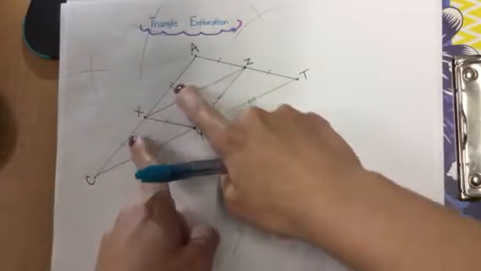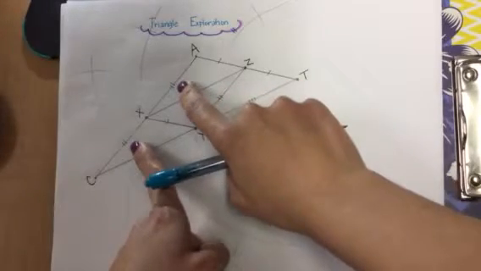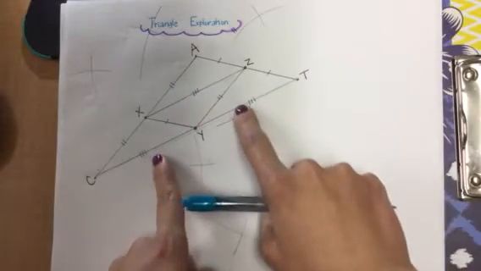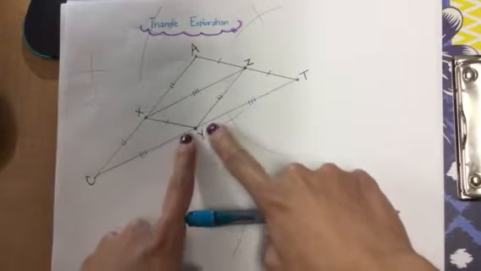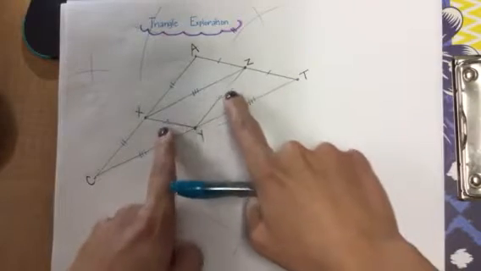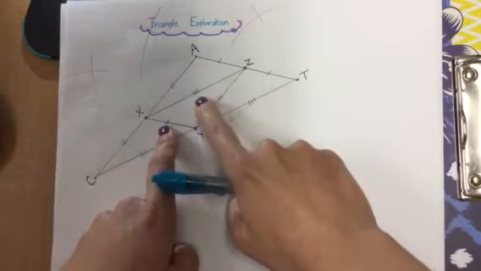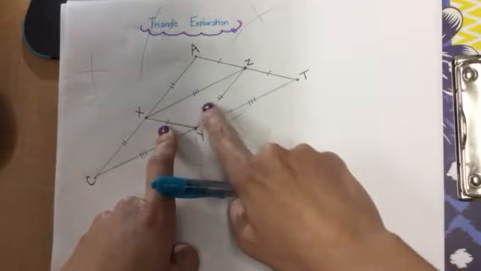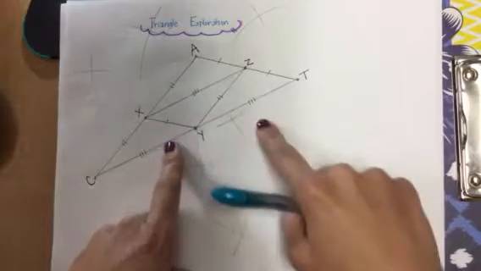And then same thing here, if we look at this line segment, these are exactly the same size. And then also when we look at CT, we see that as well. Since Y is our midpoint, these are exactly the same size. And then again here, in the middle, our middle triangle has the same 3 ticks, since we know that this middle triangle is congruent to the other ones.